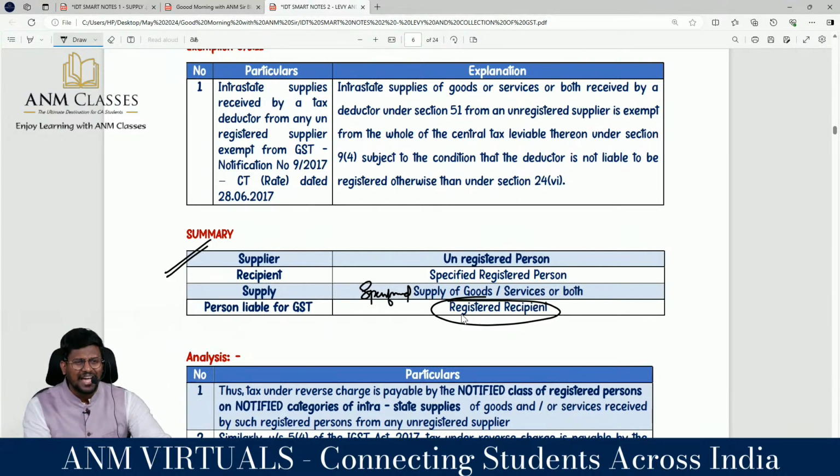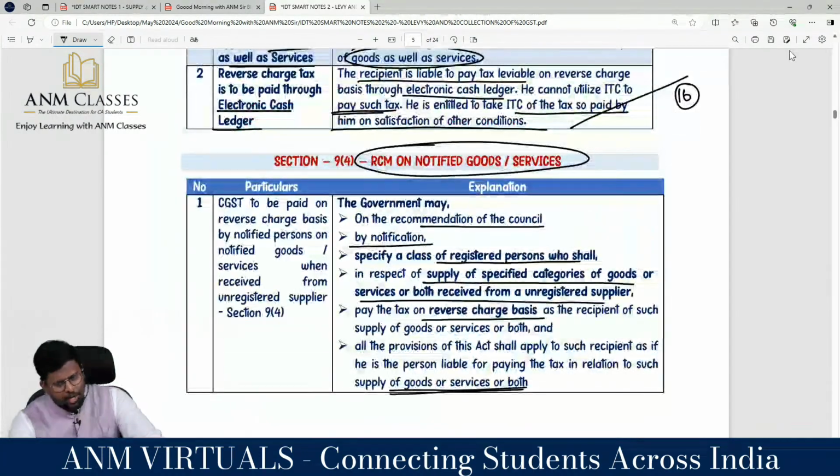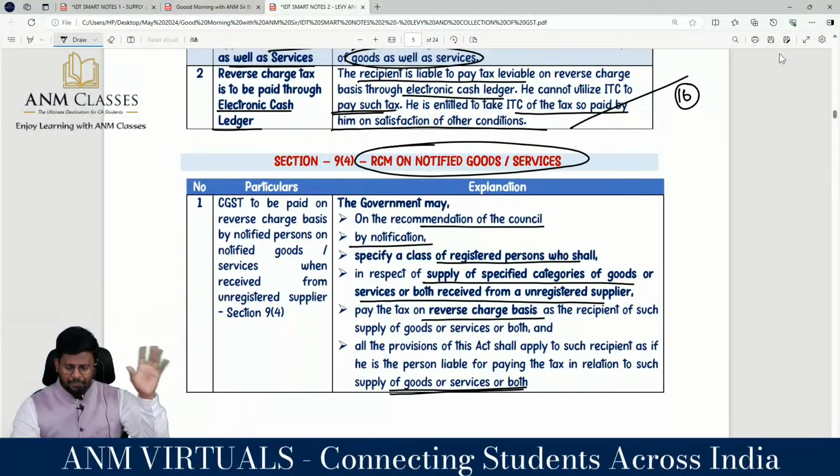It is the contractor. A building contractor is purchasing cement, bricks or all those items, right? Yes, from an unregistered person. From an unregistered person, the promoter or the contractor is the person liable to pay tax. So that notification also we will be discussing along with the goods notification. Understood? Yes, sir.